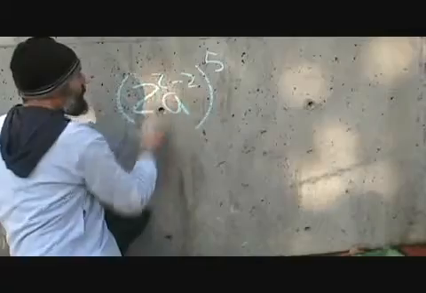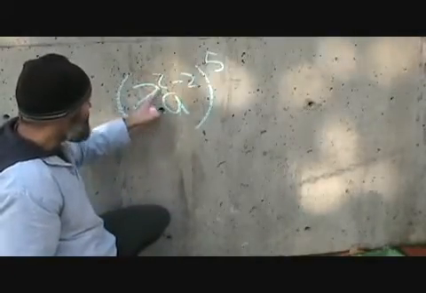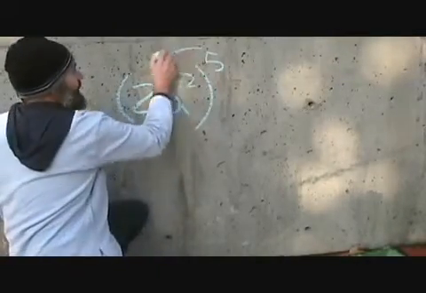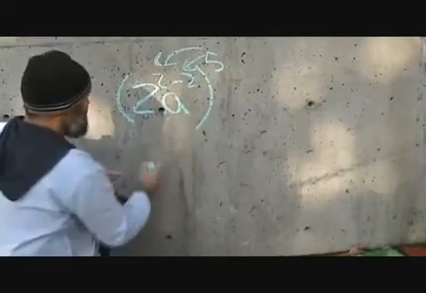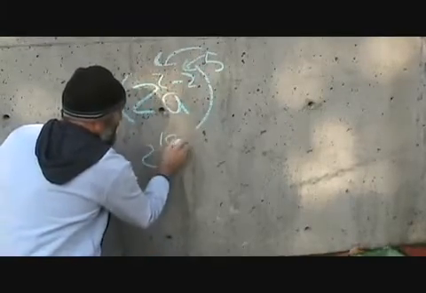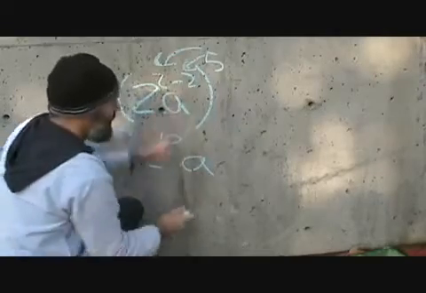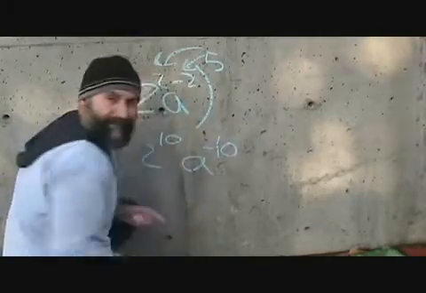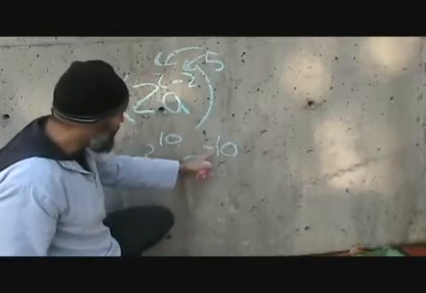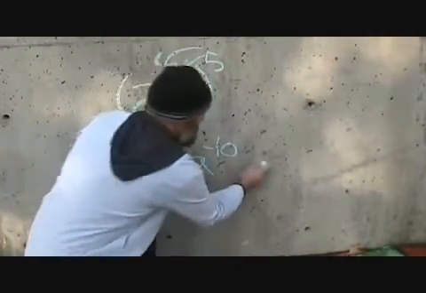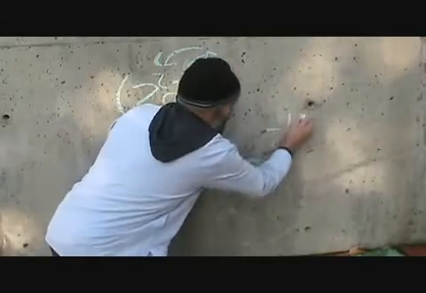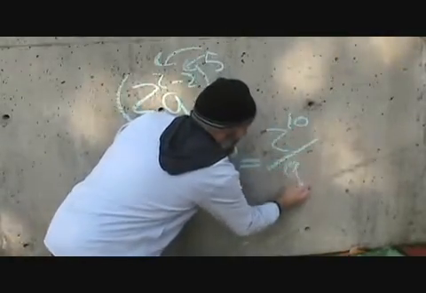For example, if this was a 2 here as well, this applies to this and this. So 2 times 5 is 10. So this would be 2 to the power of 10 and a to the power of negative 10. And of course, negative powers, the way it works is it just kicks down into the denominator, right? So this becomes 2 to the power of 10 over.